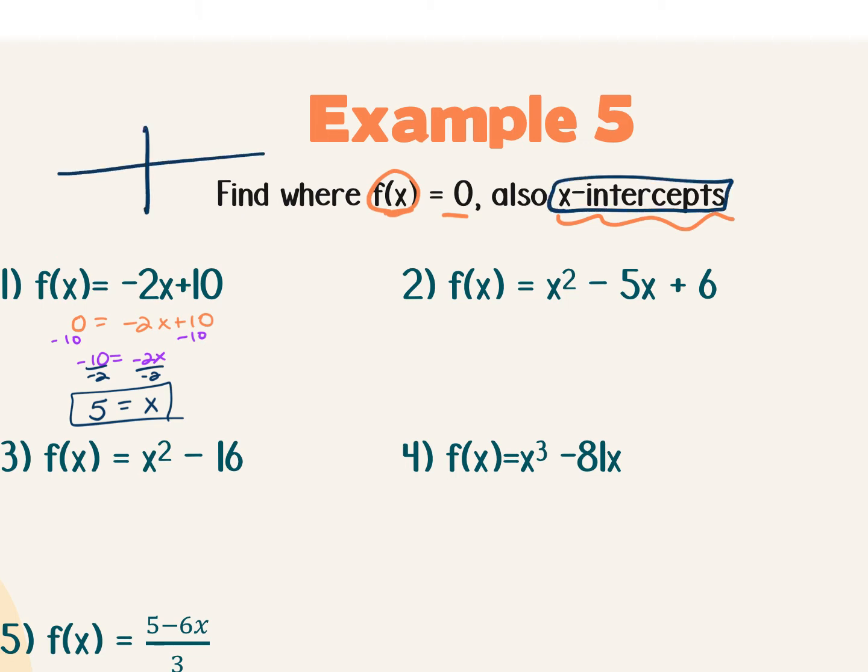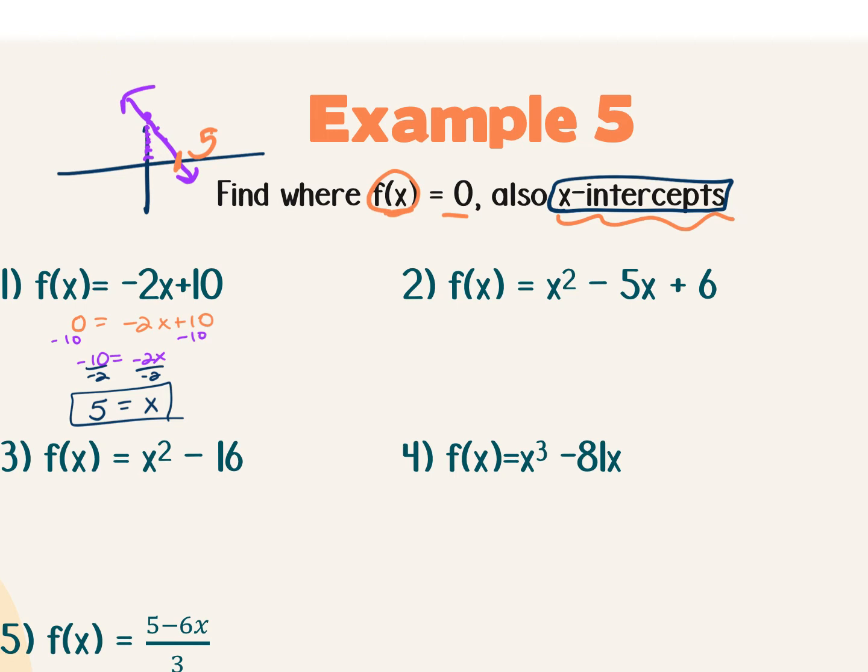If I were to graph this, 1, 2, 3, 4, 5, 6, 7, 8, 9, 10, all the way up here, and then went down 2 and right 1, and I did this accurately, I would cross through my x-axis at 5 because it's where y is 0. And to find an x-intercept, we make y 0. So they just double as two things. One is an answer for this equals 0, but also on a graph, you would see it cross through the x-axis at that point. Dustin.